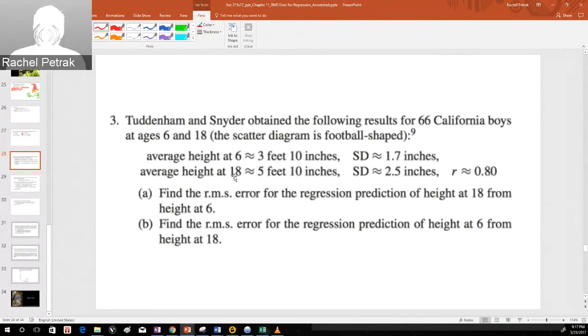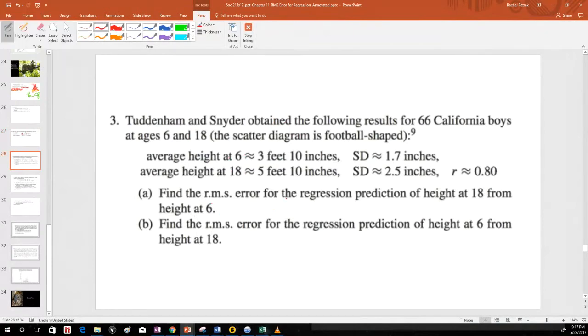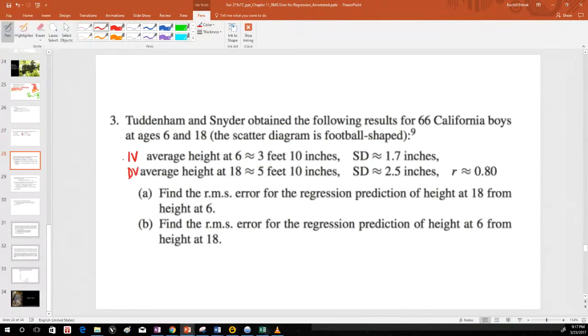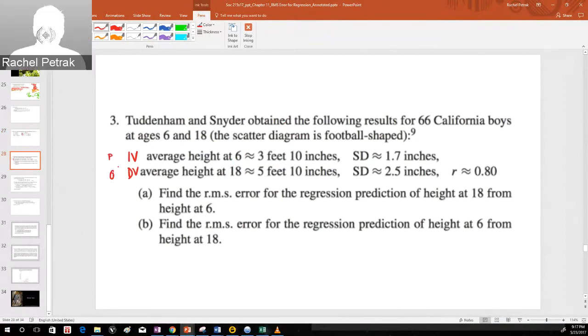So average height at 6 is our predictor, and average height at 18 is our outcome, or independent variable, dependent variable. Okay.